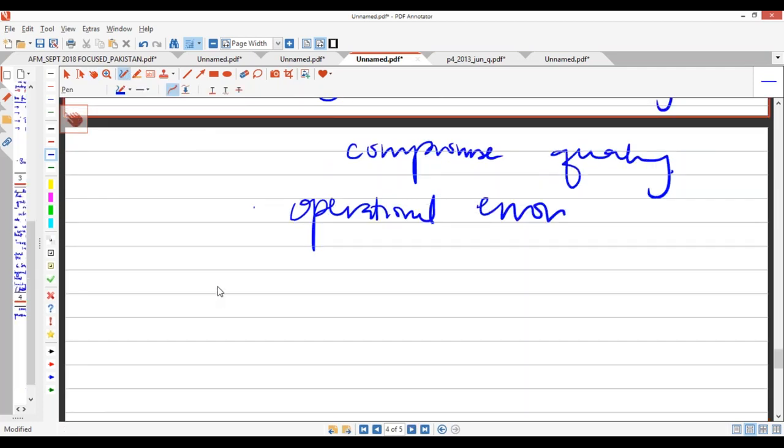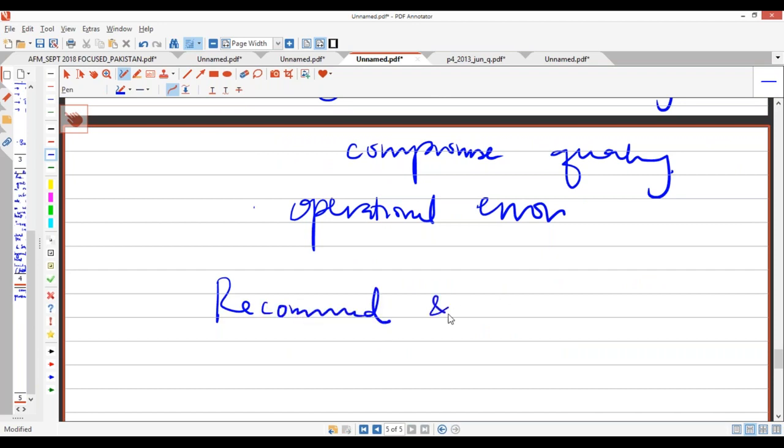Then you're going to have the recommendation and conclusion. You may want to say, overall this project is not viable, but with the options attached to this project, it turns out to be looking good.